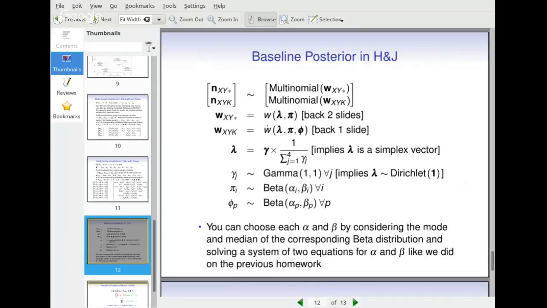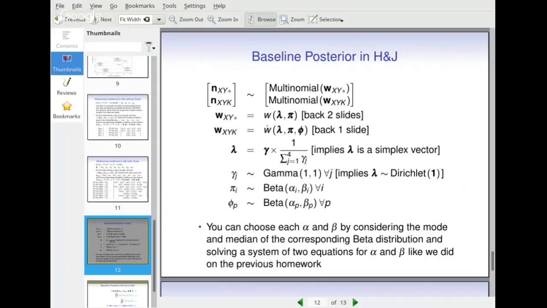So let's write lambda as equal to gamma divided by the sum of the elements of gamma. Both lambda and gamma are vectors of length 4. Lambda is a simplex. Gamma is just some positive random variable. And if we divide the gamma by the sum of the gammas, that implies lambda is going to be non-negative with a sum of 1, which is a simplex vector. Okay, that accounts for lambda, but what about gamma?